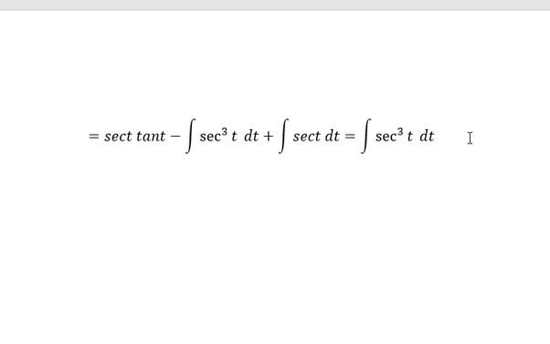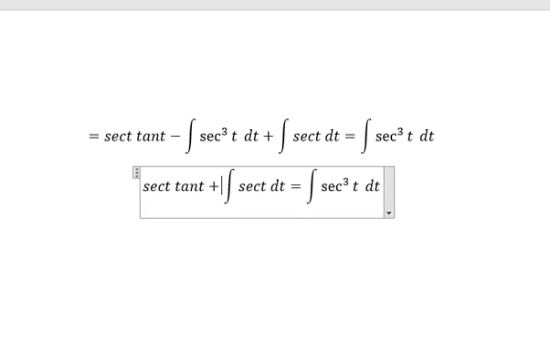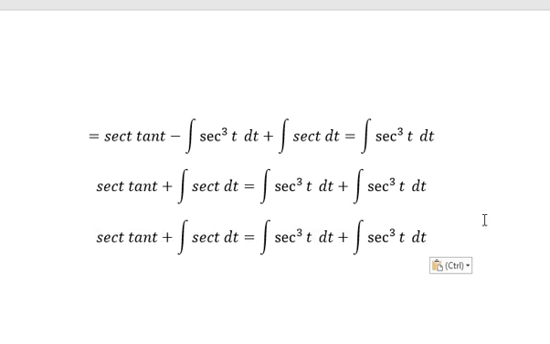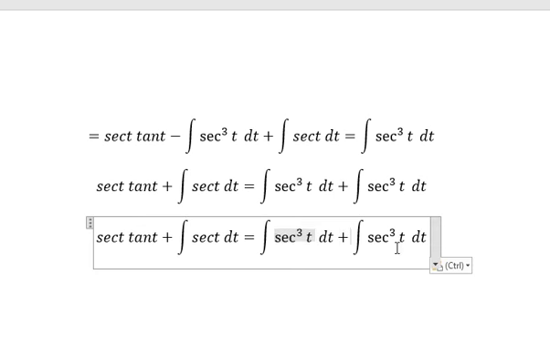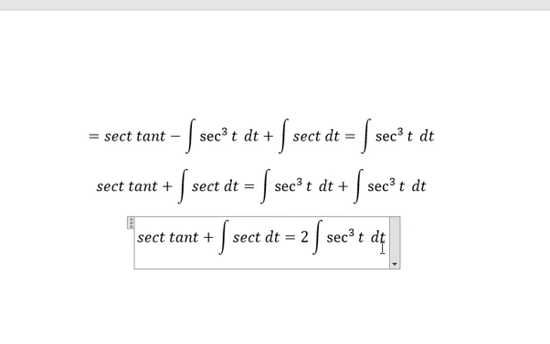So I will put this one to the right, and you get positive. This one plus this one, so we have 2. Later we divide both sides by 2.